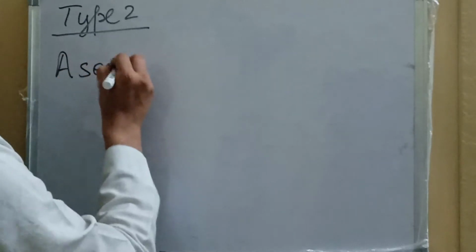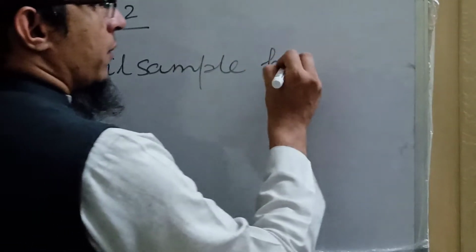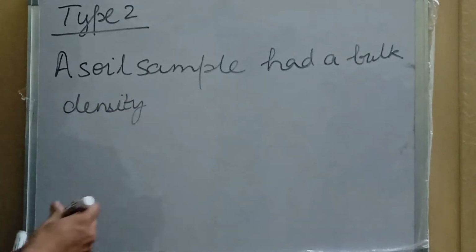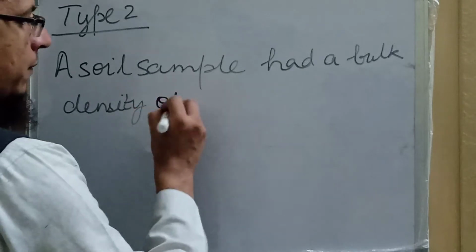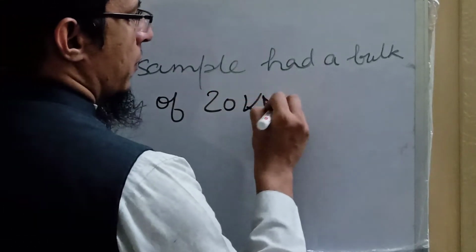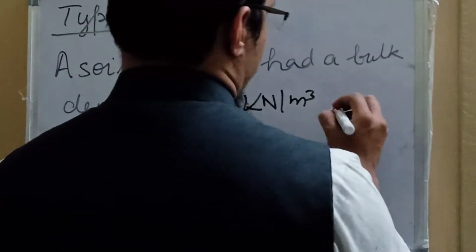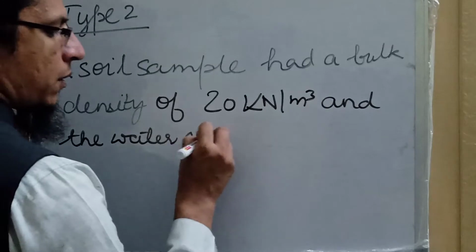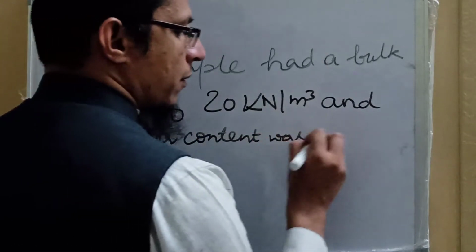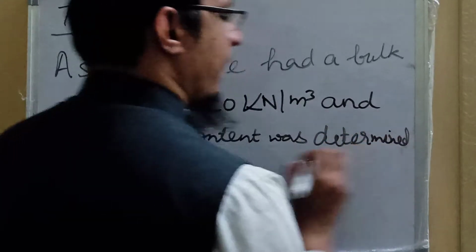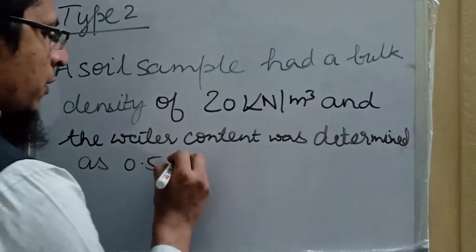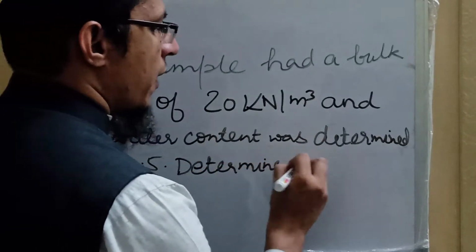For example, a soil sample had a bulk density of 20 kilonewton per meter cube, and the water content of the sample was determined as 0.5. So determine the dry density.